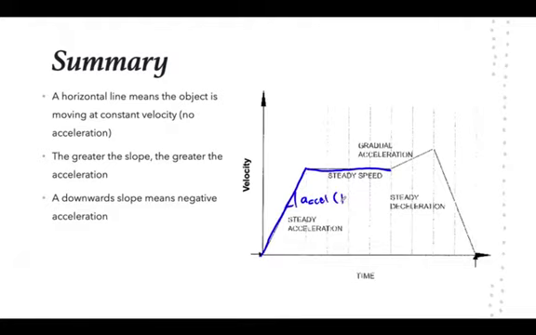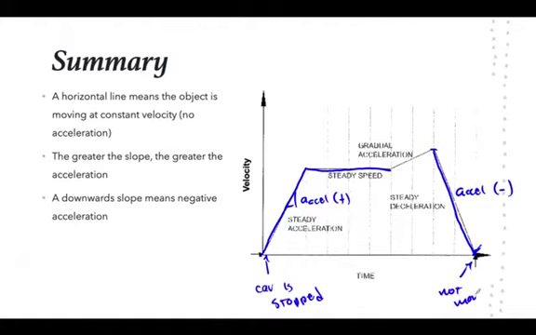A negative slope means that acceleration is negative. That means the object is slowing down, from going very fast to stopping. When the velocity is 0, the object is stopped, not moving. Remember, velocity 0 means you're not moving.